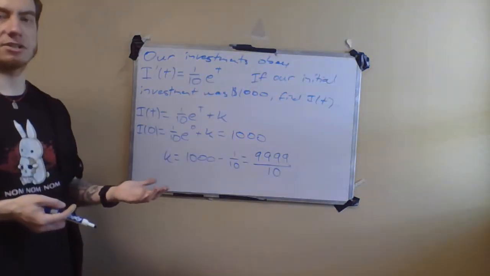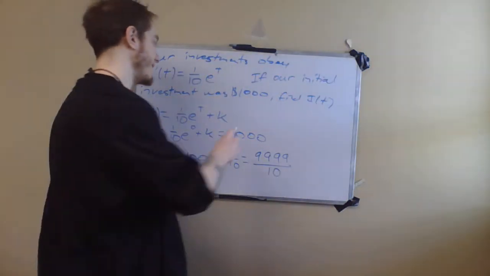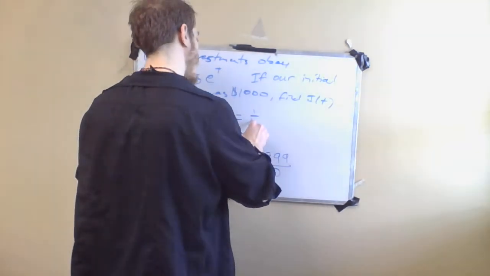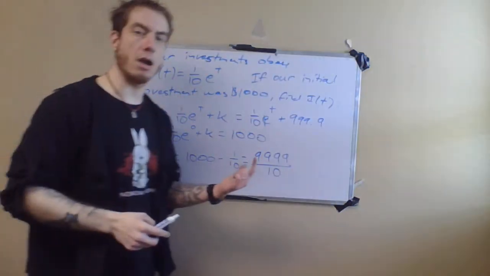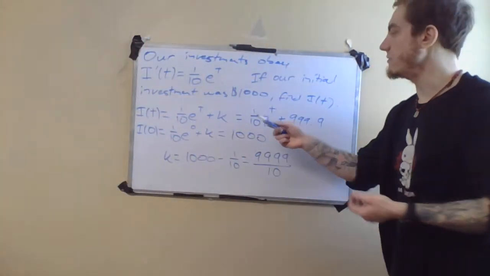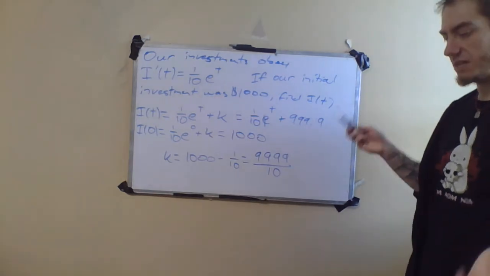You could also think of this as just 999.9. So this is going to become 1/10 e to the t plus 999.9. So that's going to be our investment value at any given time.